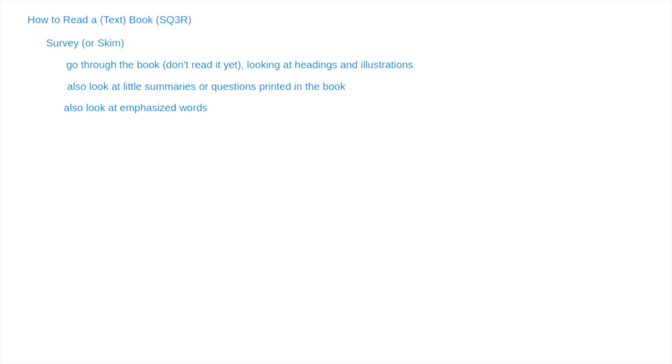Maybe they're in a box. Some of my math books have little boxes where they define words. You do want to look at these. You might read a couple sentences. You're not reading the book, but you're skimming.